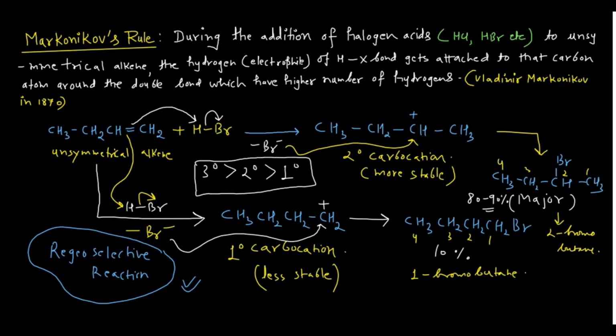You can read this definition again and again from your textbook and apply the concept, then you will have a better idea about these reactions. So this is the simplest case of Markovnikov addition and the regioselectivity of the reaction.